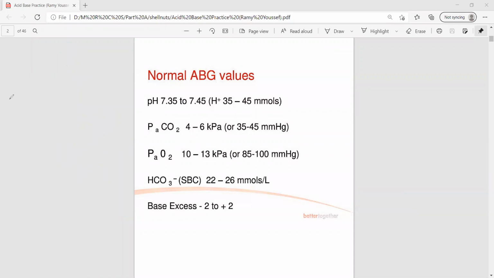A patient with COPD or emphysema or interstitial pulmonary fibrosis.